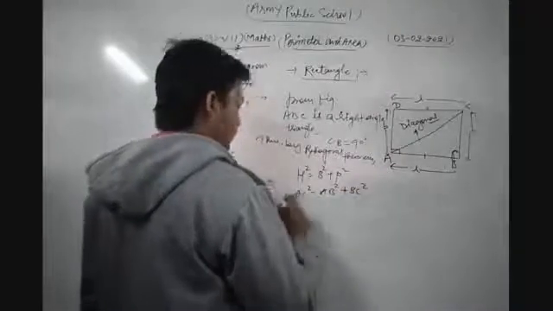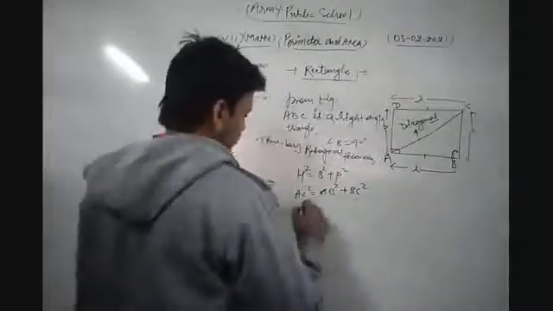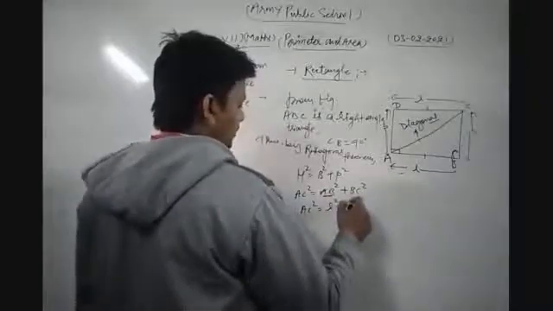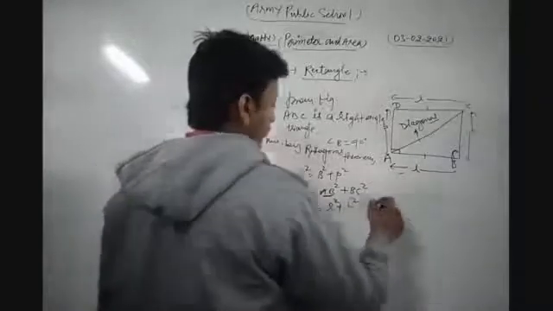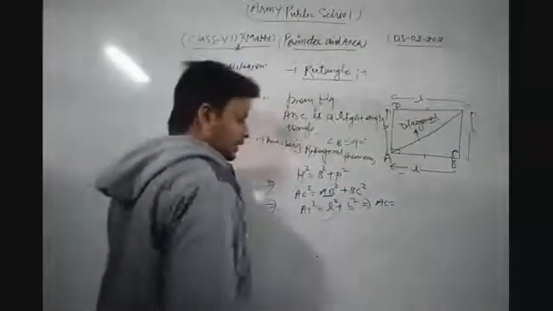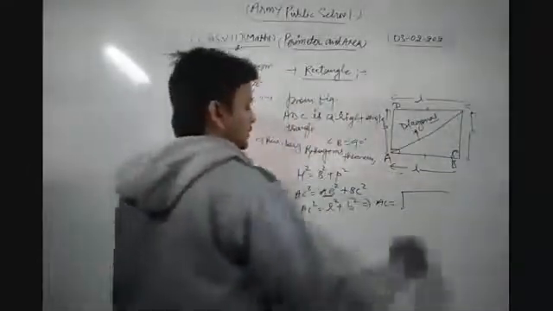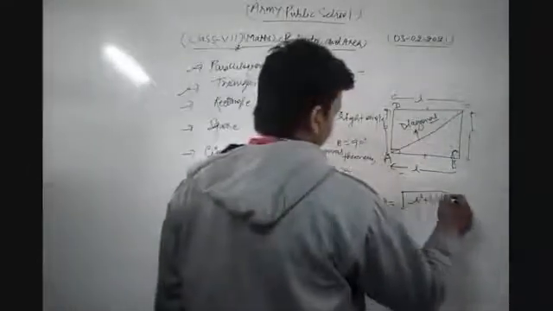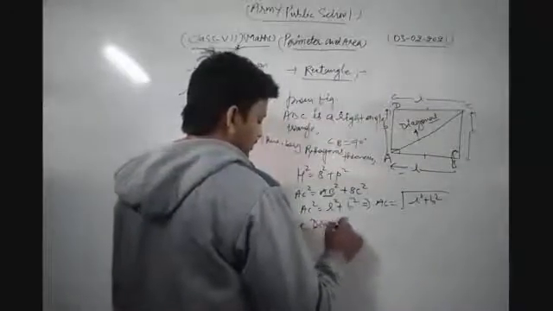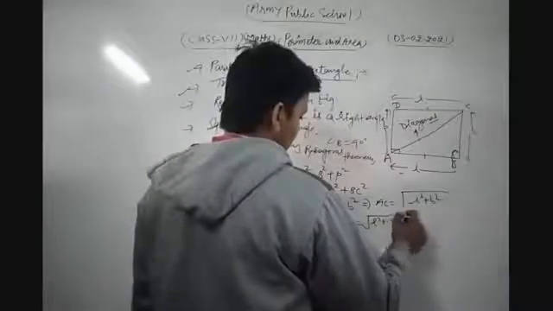Now AC is the diagonal. So diagonal square, AC square, is equal to AB, which is L, length square, plus breadth square. Removing the square, on that side we take the square root, so AC is the square root of L square plus B square.